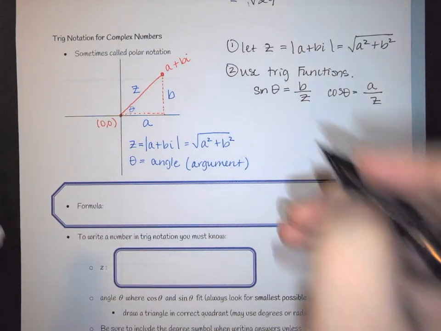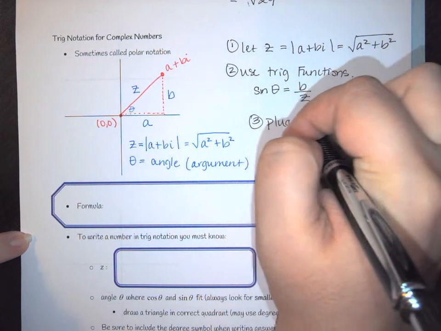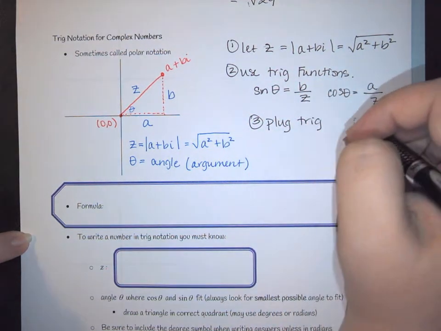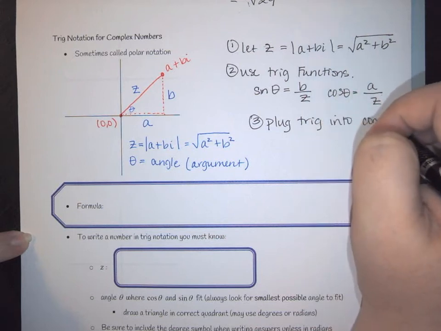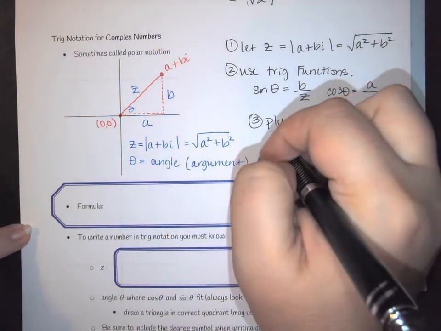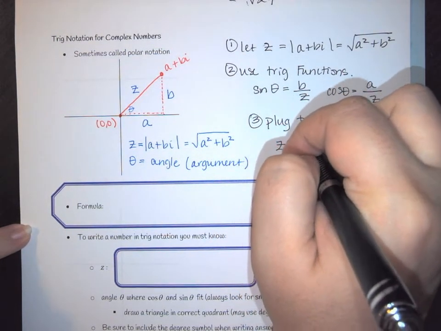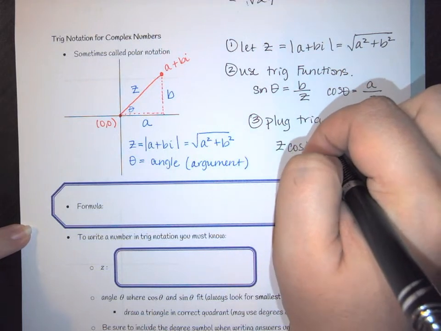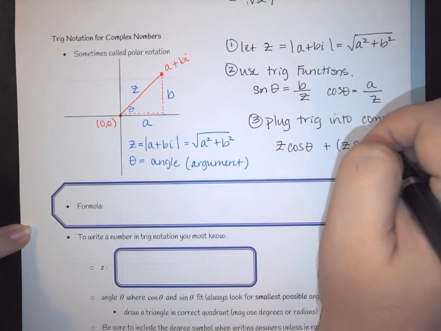So last but not least, if we were to plug the trig into your complex formula, you are going to end up with z cosine of the angle plus z sine of the angle i.